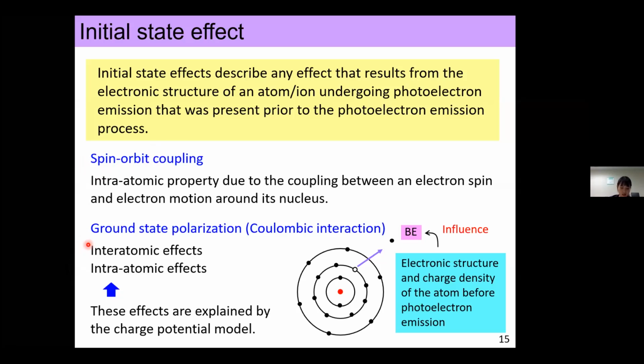Regarding ground state polarization, the electronic structure and charge density of the atom before photoelectron emission influence the binding energy of the electron. Both interatomic and intra-atomic effects are considered here. These two effects are explained by the charge potential model, which I will explain later.